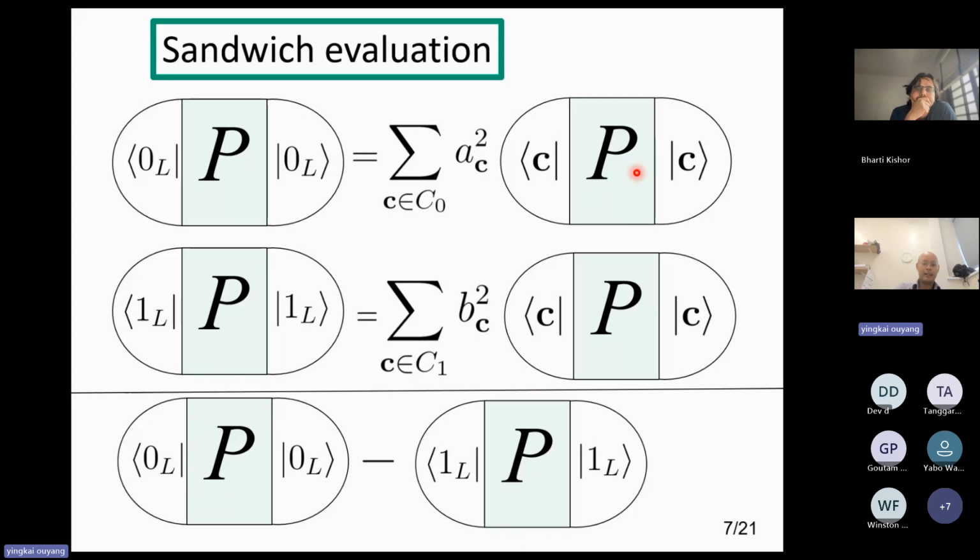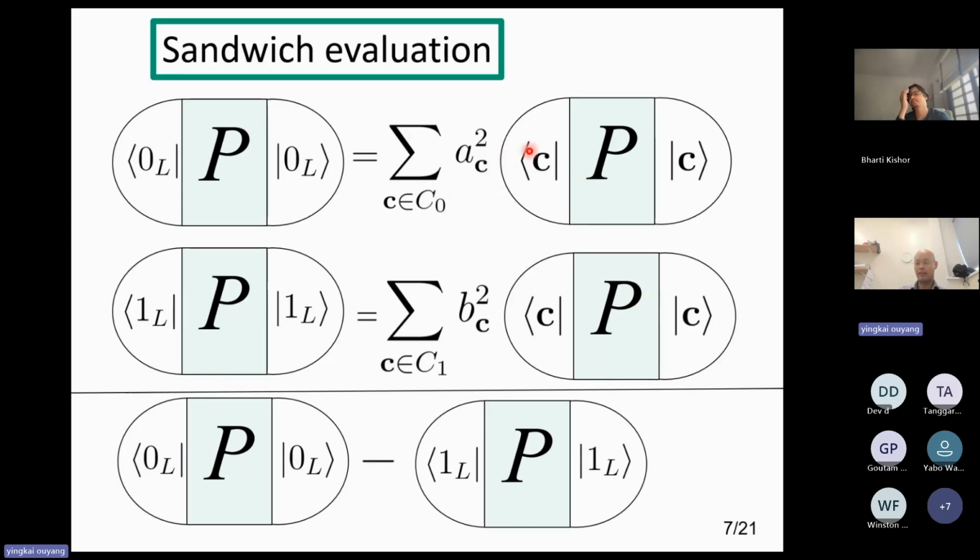And similarly, the 1 sandwich is written as a different linear combination of code sandwiches. And hence, the difference between the 0 sandwich and the 1 sandwich, which we want to be equal to 0, is going to be equal to a linear combination of code word sandwiches over here.